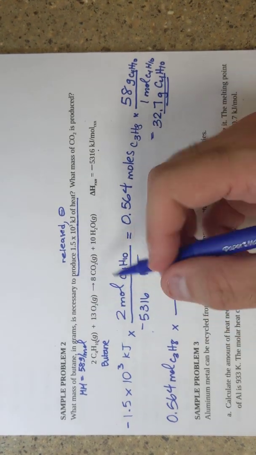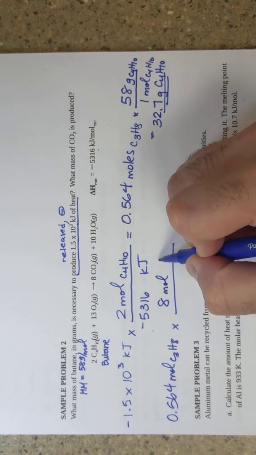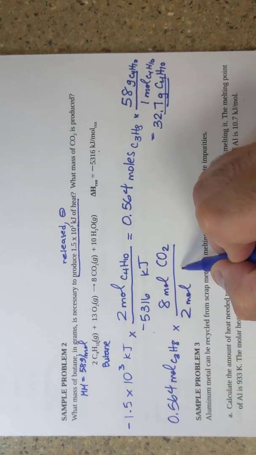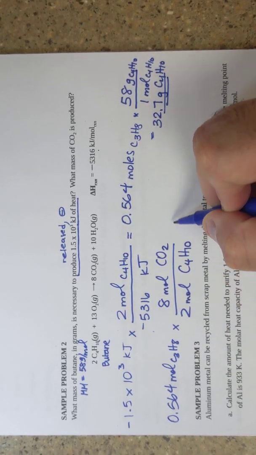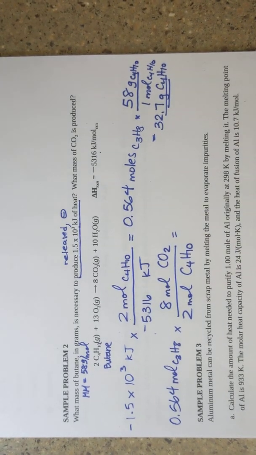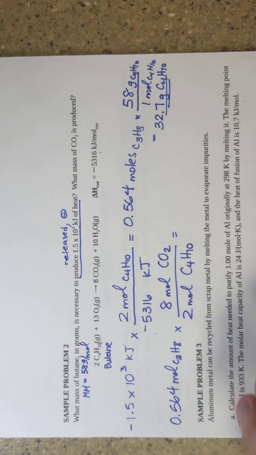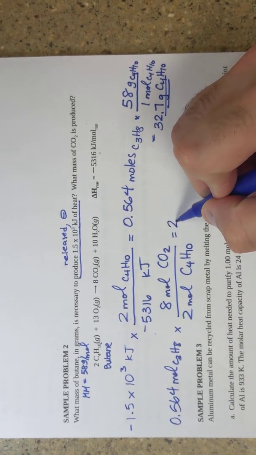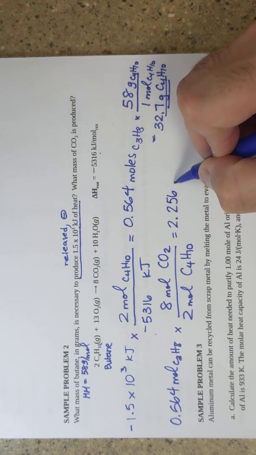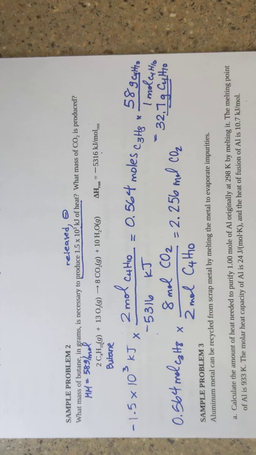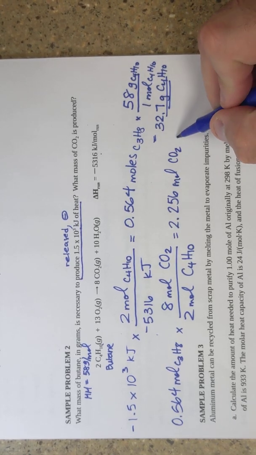For every 8 moles of CO2, there are 2 moles of C4H10. And if I do this math, 0.564 times 8 divided by 2, I get 2.256 moles of CO2. And then the same idea, if I want to know grams, I multiply times the molar mass.